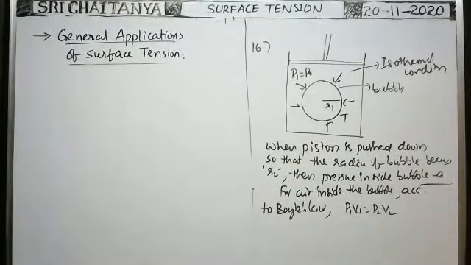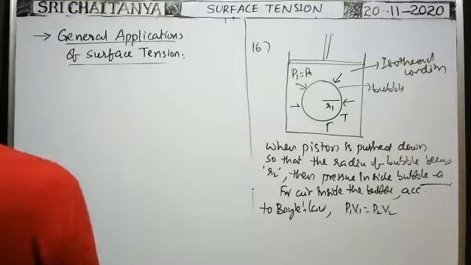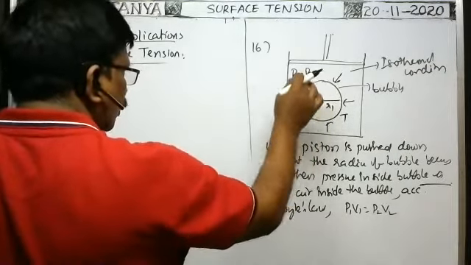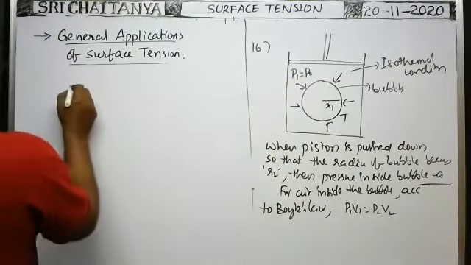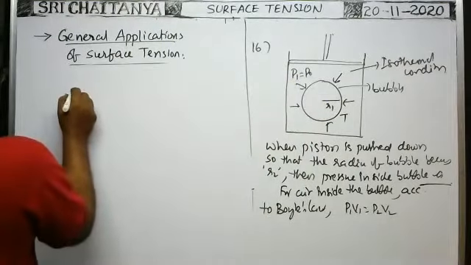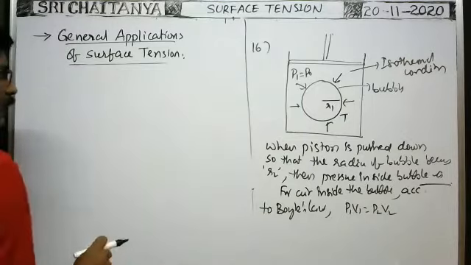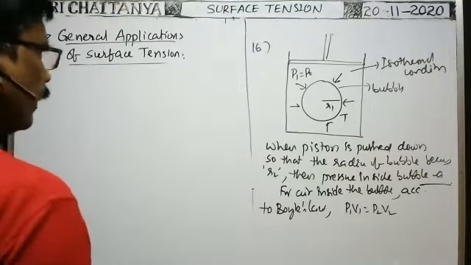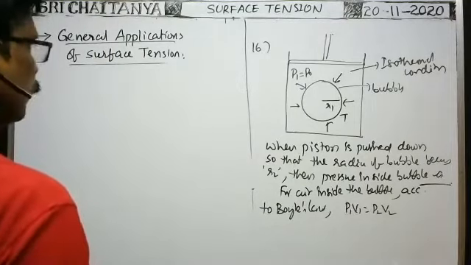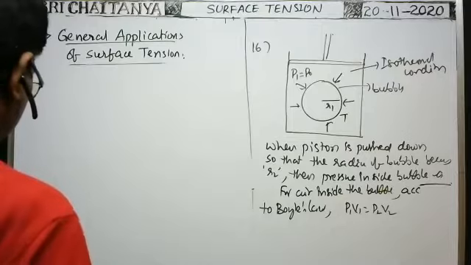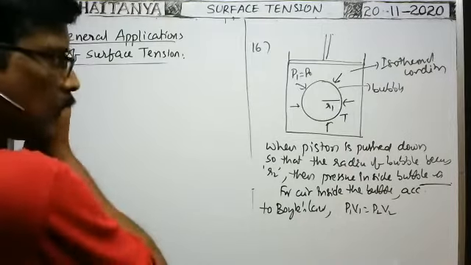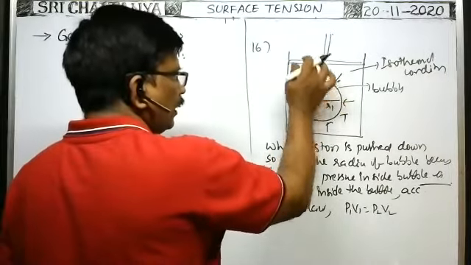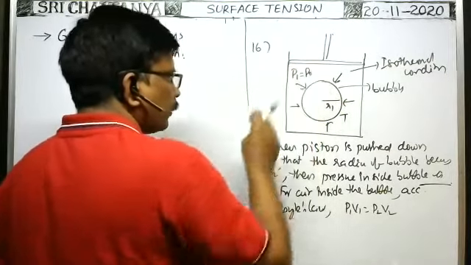P1 V1 is equal to P2 V2. Okay, therefore, initially, whenever the bubble has radius r1, what is the total pressure inside it? The extra pressure inside the bubble is the total pressure inside the bubble. Initially, the outside pressure is equal to atmospheric pressure.